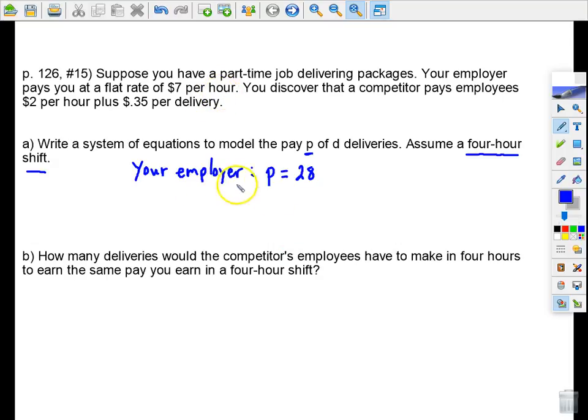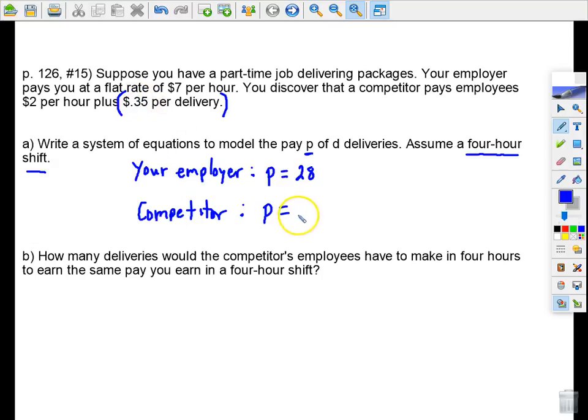P equals 28. Comparing the 4-hour shift for the competitor, okay, so here's the competitor. They pay based on an hourly rate, $2 per hour, plus they have a per delivery component to pay. And remember, that's just another way of thinking of slope.